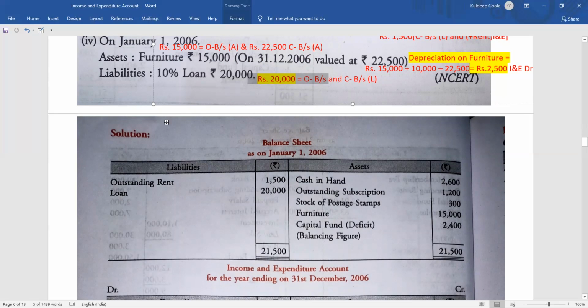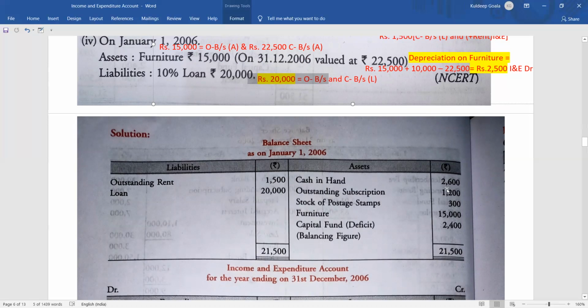So here it is. Let's see what is the total. We can see that the total of the liability side is more. Sometimes it may happen that the liability side will be more, in the absence of capital, obviously. In that case, the balancing figure will be taken as deficit of capital. Here you can see it is 21,500 in the liability side.